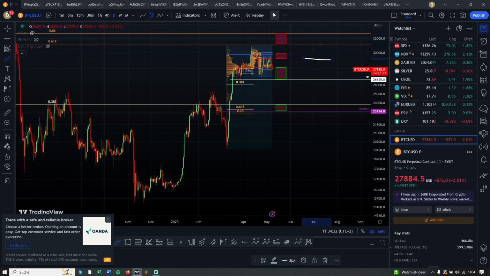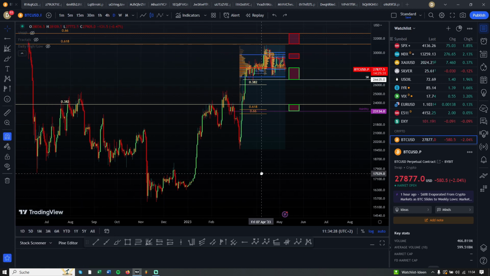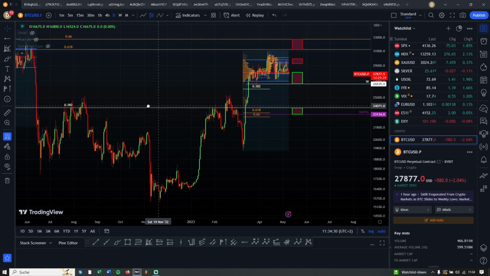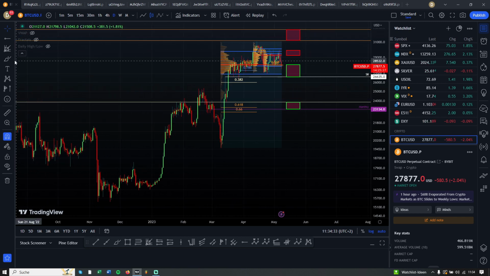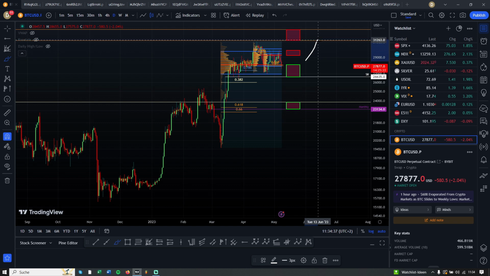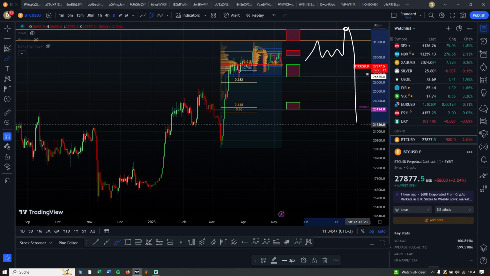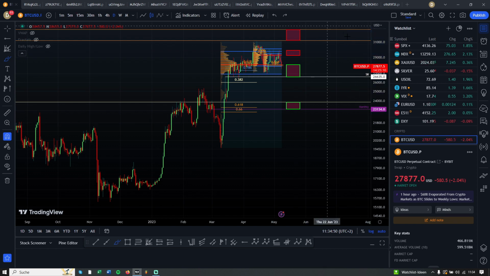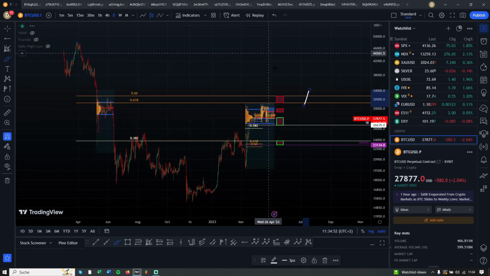Well, because we rejected perfectly from the 618, but that is not really something that happens a lot, because often we see the price getting to the 618, rejecting, staying there for a few weeks, and then actually breaking above, touching the 66, and from there we get a drop, or even higher to the 786.